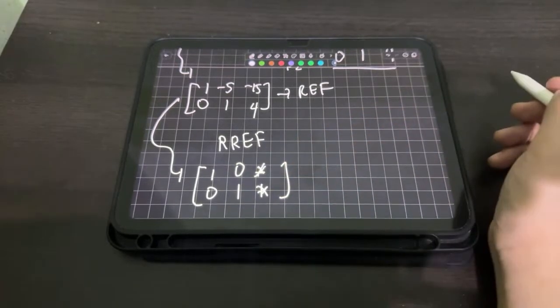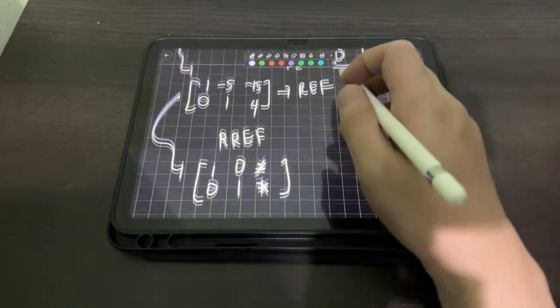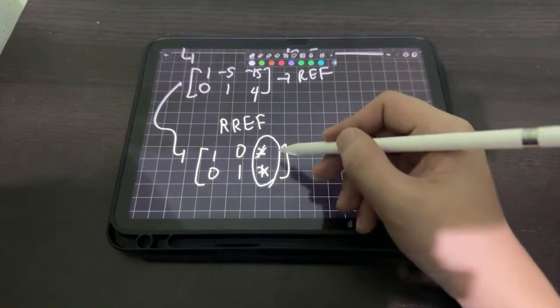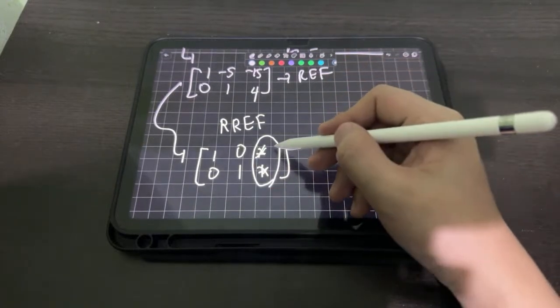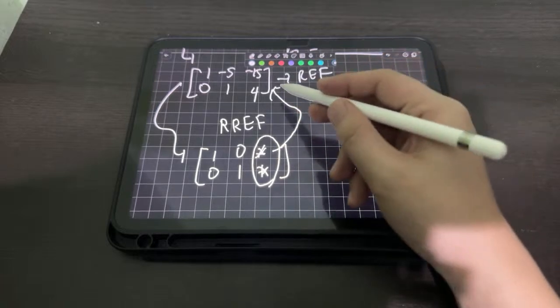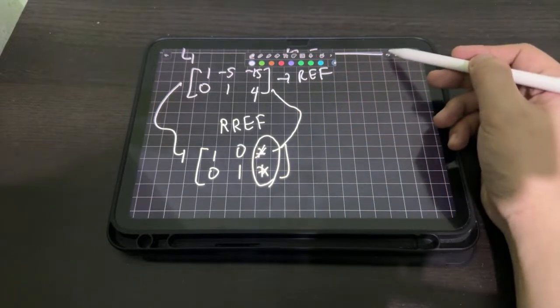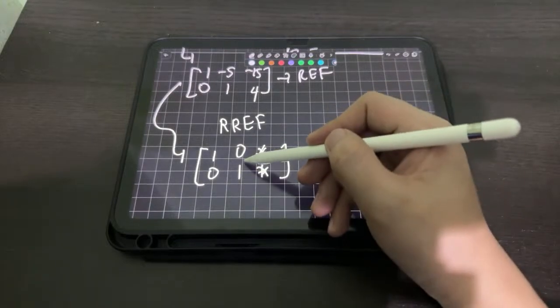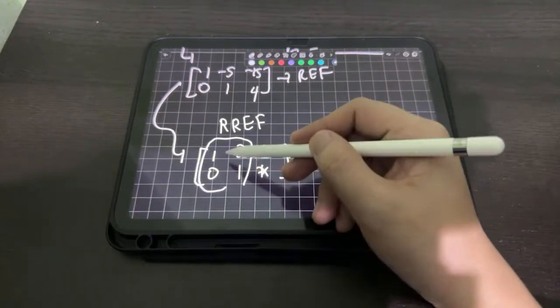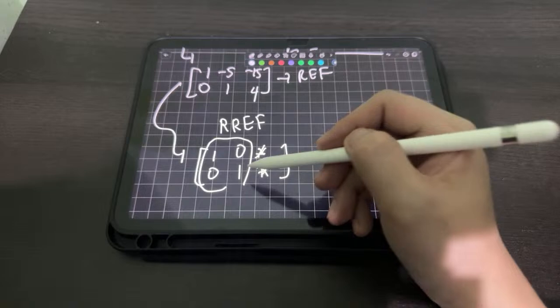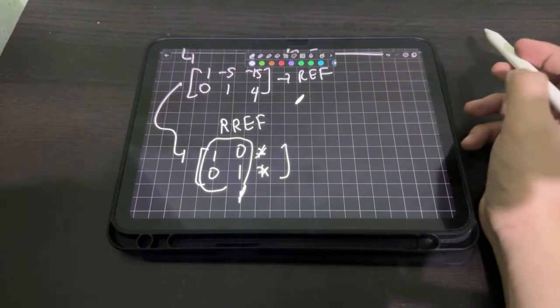So whatever value we can have here, depending on the operations that we will perform from its REF. But the goal is to make the 1 0 0 1 appear in the RREF form.